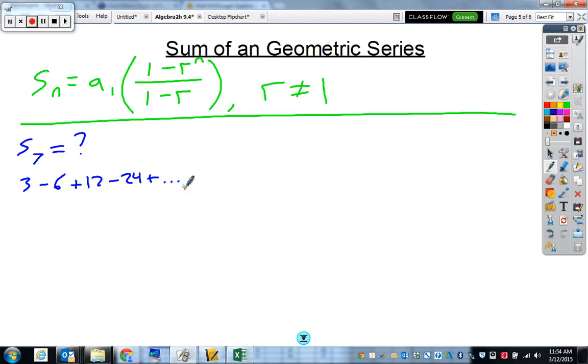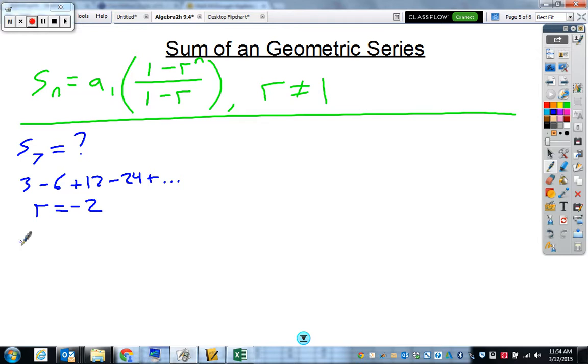I see that my sign keeps changing, which means that r equals a negative number. From 3 to 6, well, 6 divided by 3 is 2, 12 divided by 6 is 2, 24 divided by 12 is 2, so r is negative 2. So now I can plug into my formula.